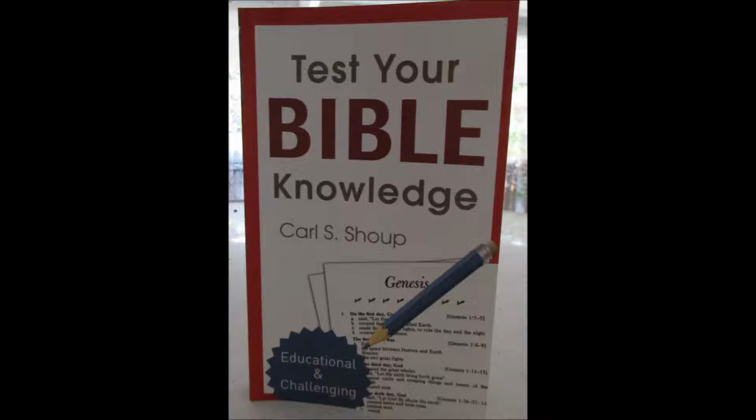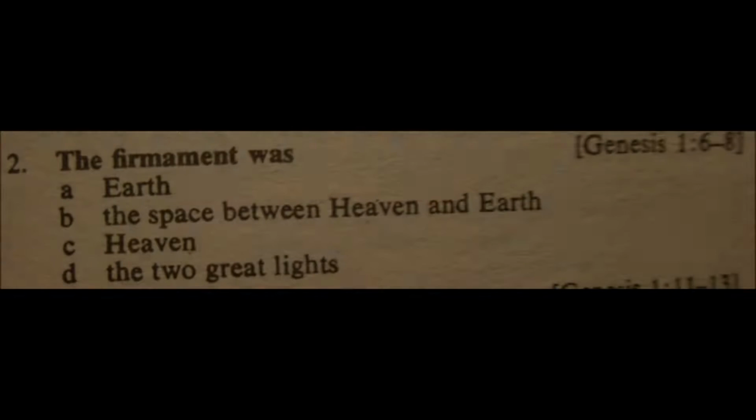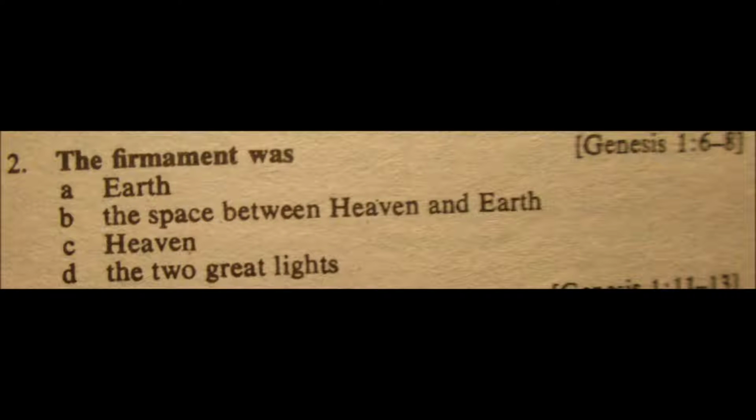The second question was, the firmament was, A, earth, B, the space between heaven and earth, C, heaven, D, the 2 great lights. I want to revisit that for a minute. I went back in the Bible and looked up the reference that was quoted, Genesis chapter 1, verses 6 through 8.